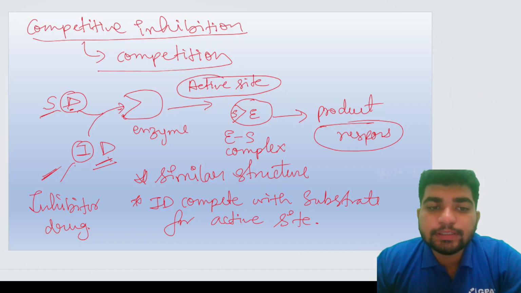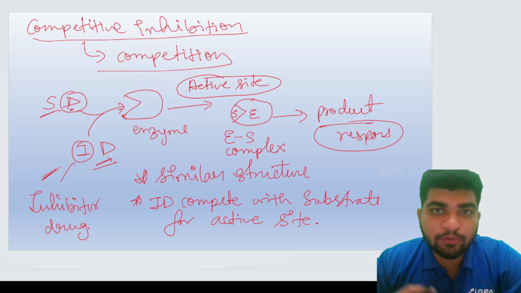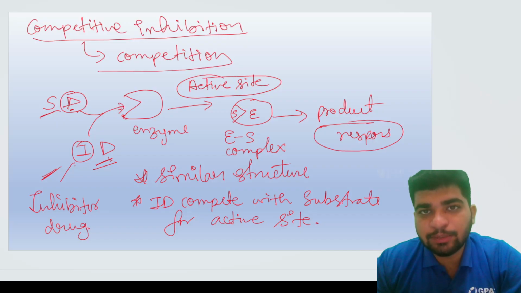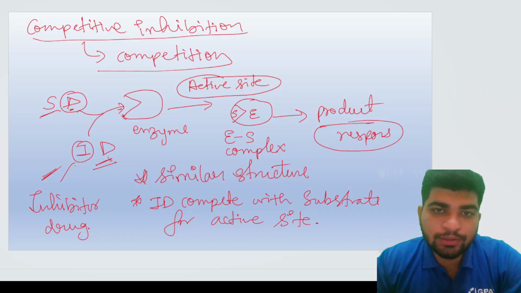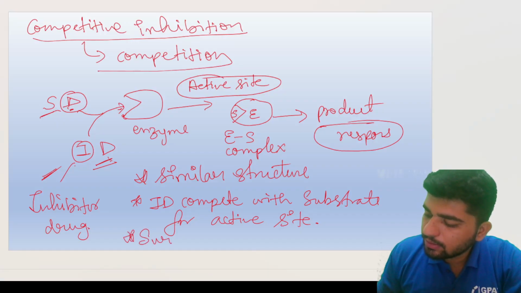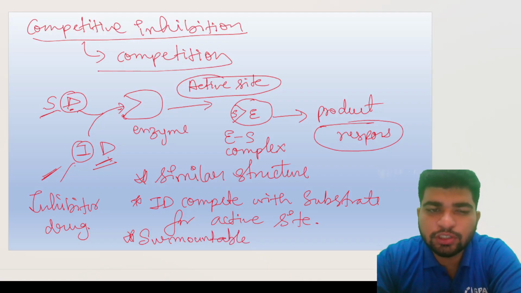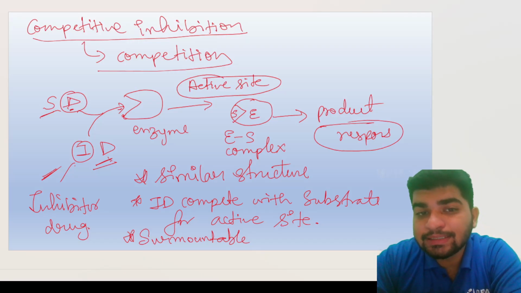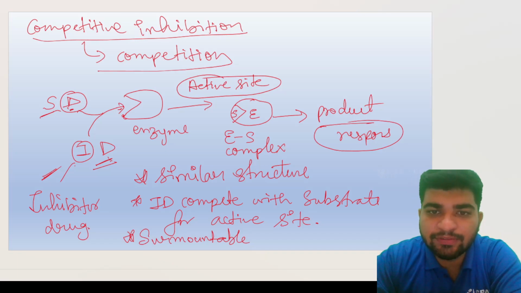If the concentration or dosage of the substrate is increased, it will replace the inhibitor on the enzyme. That is, it is surmountable. If we increase the dosage or concentration of substrate, it will replace the inhibitory drug from the active site.